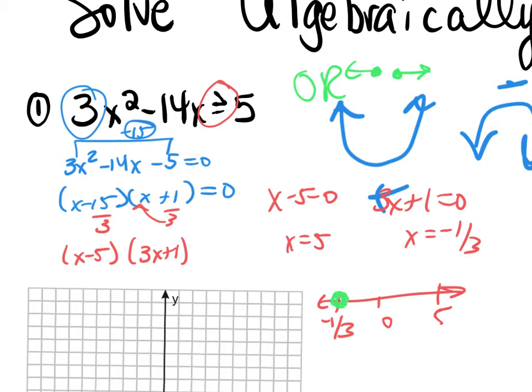Make sure that you're right. So go ahead and plug in 0. If I plug in 0 to the original inequality, should 0 work? No, it should not. If I plug 0 in here, is 0 greater than or equal to 5? No. So I am correct here.